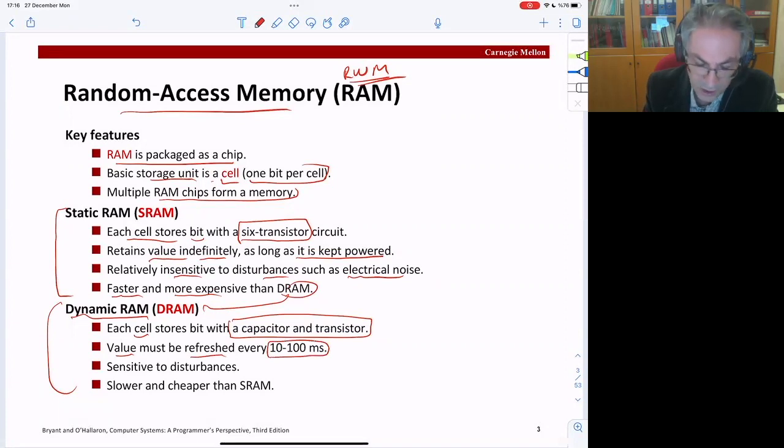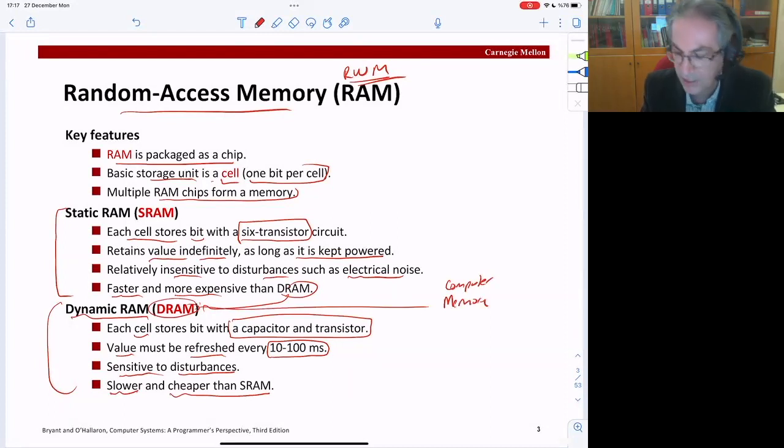It's very sensitive to disturbances, and when you read from a dynamic RAM, the stored value becomes vague. Eventually it will forget what was stored. It's slower, but it's much cheaper. This is the RAM you have in your computer memory. When you talk about 4 GB of memory, you talk about the DRAM technology there.